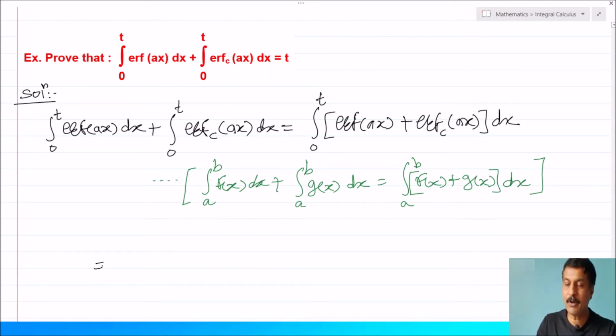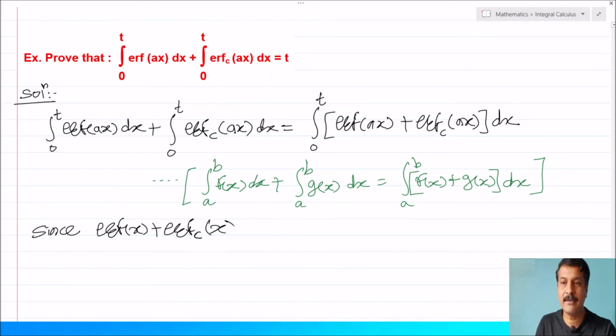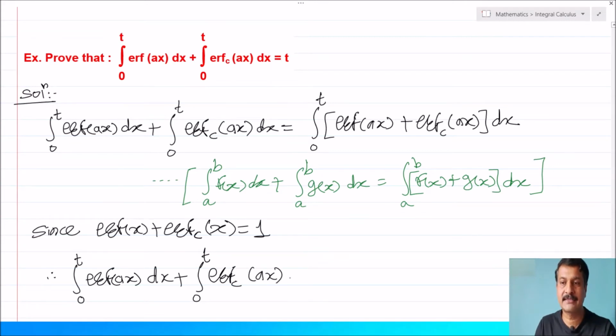Now again the property of error function of x plus complement of error function of the same, that is equal to 1, and therefore I am getting integration 0 to t error function of ax plus complement of error function of ax dx, and that is equal to integration 0 to t, I am getting here 1 into dx.